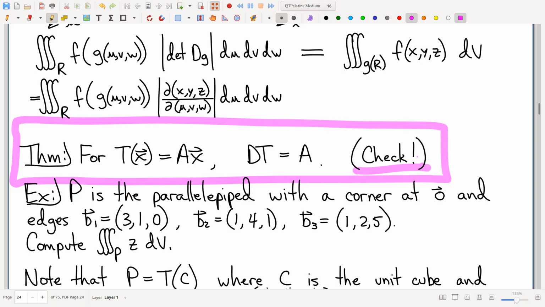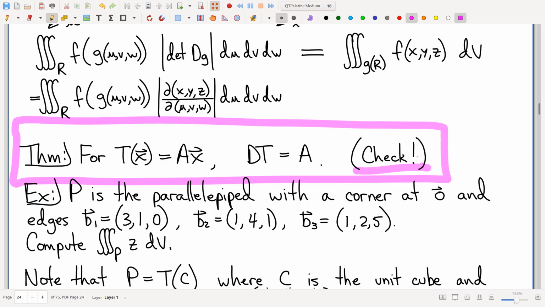You're just going to pick an arbitrary matrix A, like A, B, C, D. Multiply by the x vector to get your coordinate formula for your linear transformation. Compute the derivative matrix of that. And then notice, sure enough, that derivative matrix is also A, B, C, D. That's all there is to it. Real easy to check. Again, I strongly encourage everybody to give that a try. Come talk to me if you have trouble.